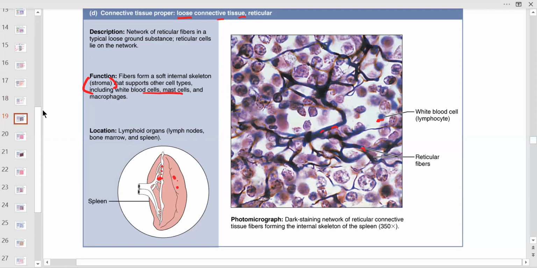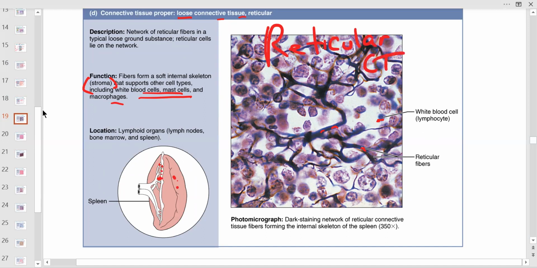Cells are not stroma. Cells are parenchyma, and that's the functioning part of it. I like the kidney here, because the kidney is held towards the back, retroperitoneal, right behind all the abdominal organs, which you learned in lab. So this is loose connective tissue, but this is reticular.